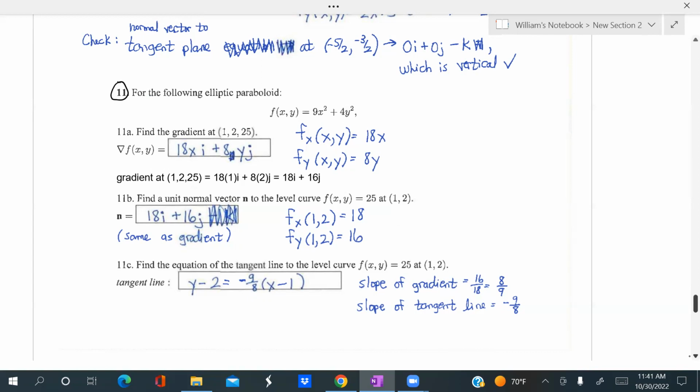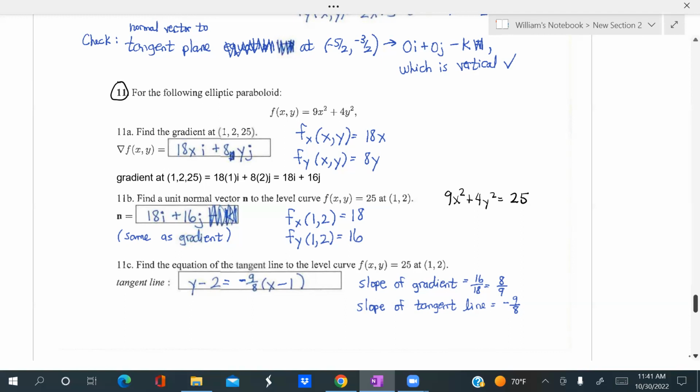The equation for that, if we set up that equation, you just get 9x squared plus 4y squared equals 25. Remember, a level curve is a curve in the xy plane, right?